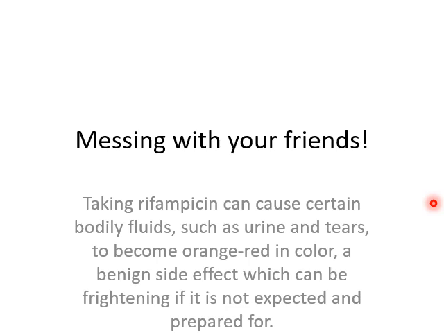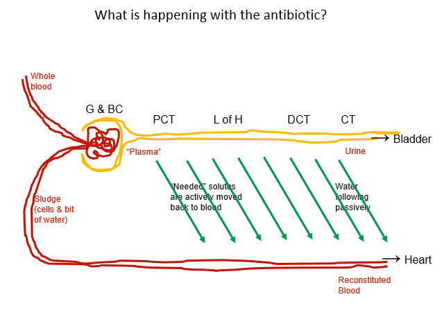Anyway, so how does this fit with kidney stuff? If we're thinking about that antibiotic, it goes to the kidney and gets filtered out. It's in the nephron. The nephron does not recognize it as anything important. It does the same thing with penicillin, but penicillin doesn't have a color to it.